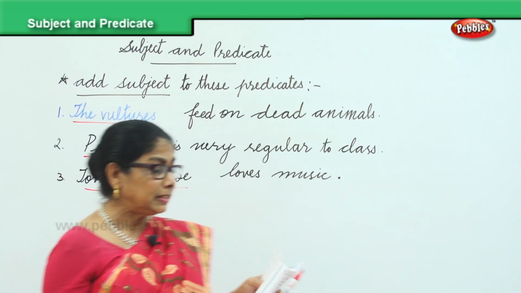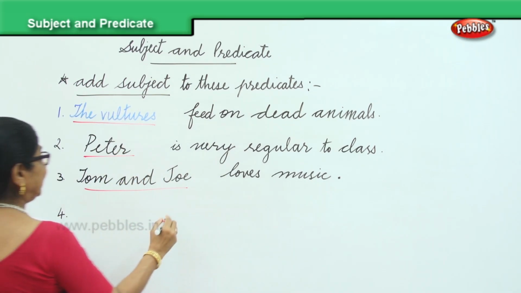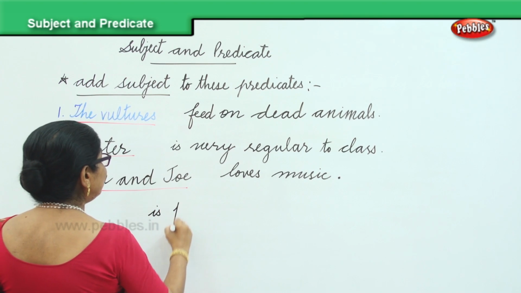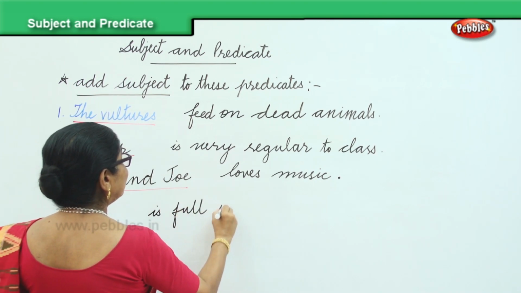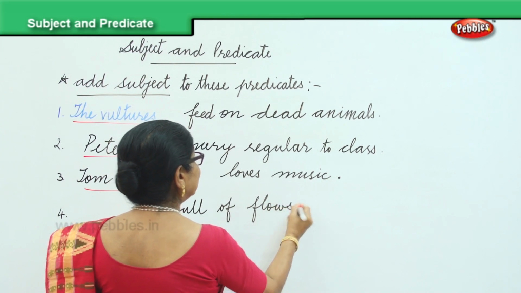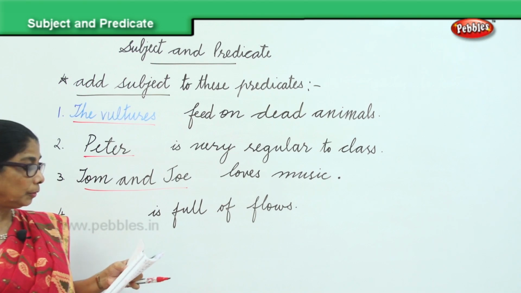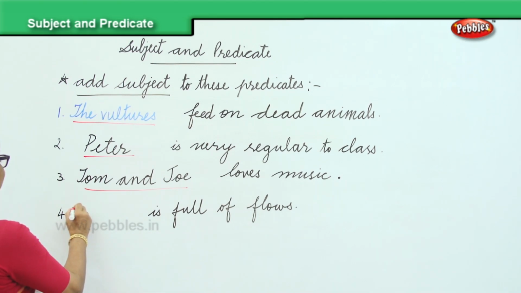Next. Is full of flowers. Fourth one. You supply the subject for me. Is full of flowers is the predicate. What will you write? The garden. Very good.